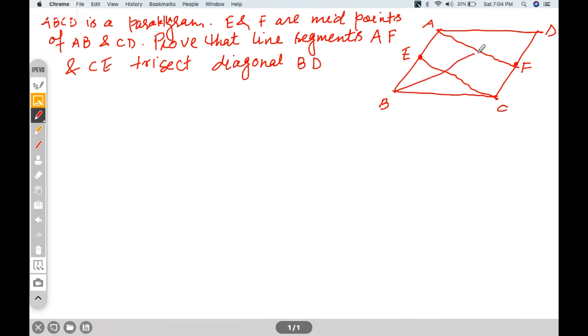So I am making diagonal BD. So suppose these points are P and Q. So you have to prove that BP is equal to PQ is equal to QD.